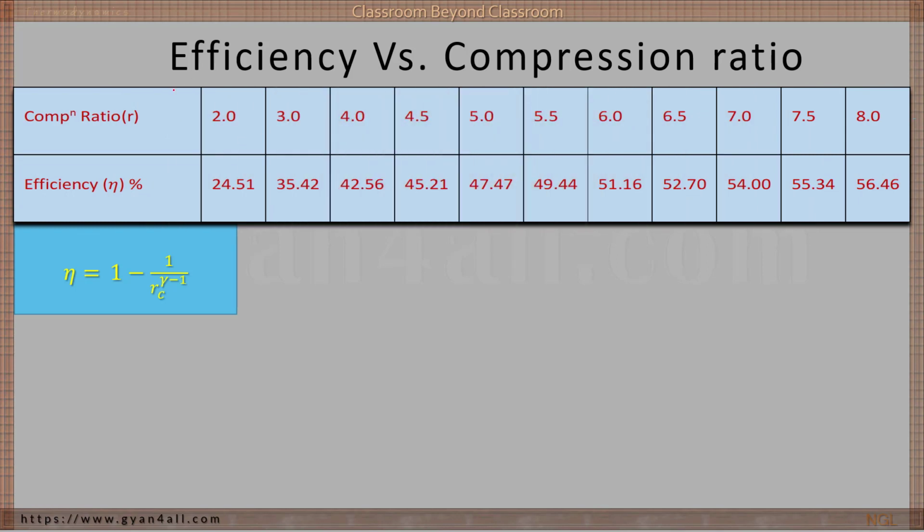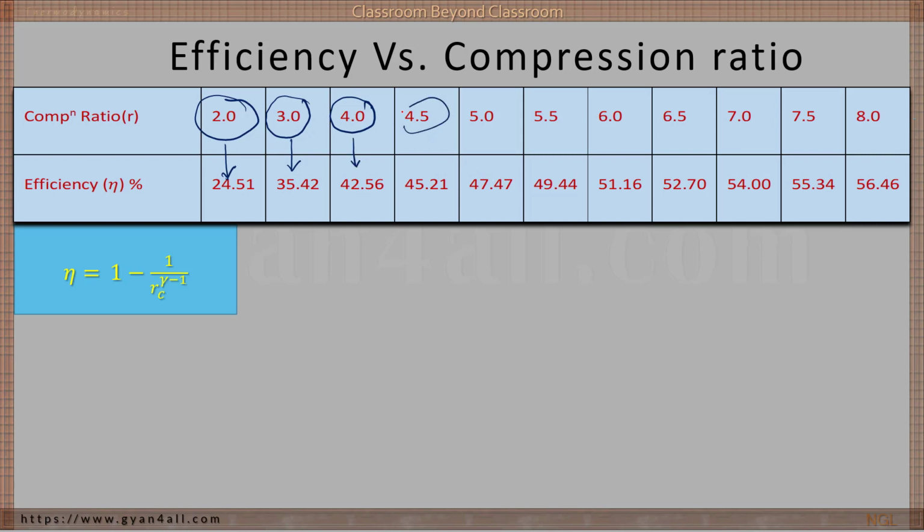You see, if the compression ratio is 2, then the efficiency of the Otto cycle is 24.51. If we increase the compression ratio to 3, then the efficiency will increase to 35.42. If we increase it to 4, then the efficiency will be 42.56.